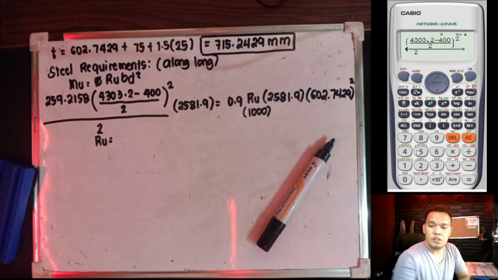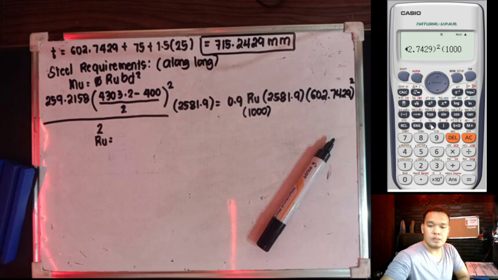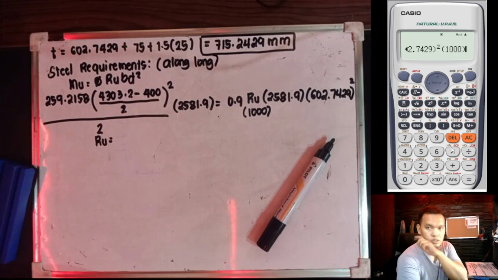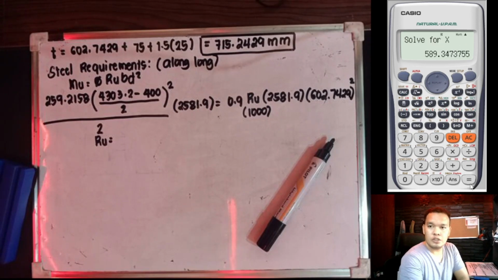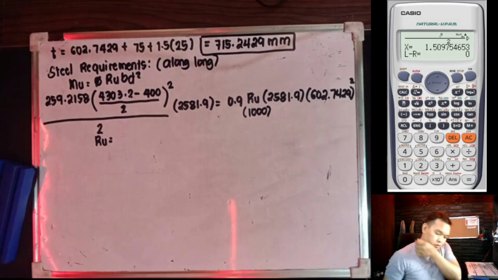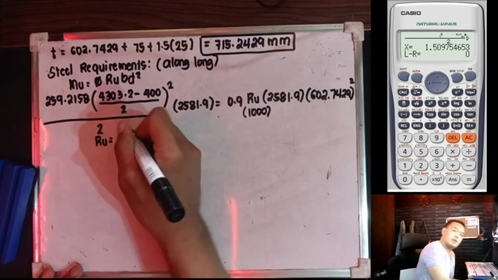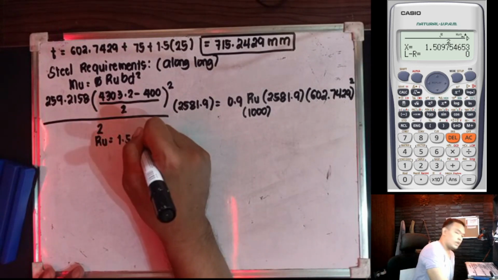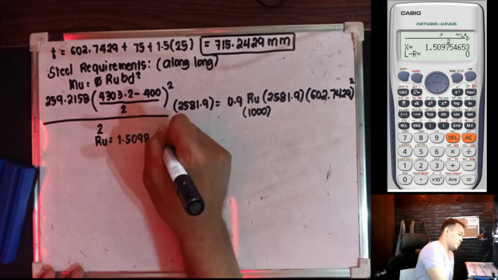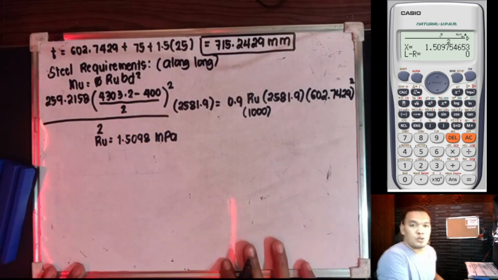Equals 0.9 times 602.7429 squared times 1000, just 1000, as conversion factor. So we have here RU is equivalent to 1.505098 MPa. Okay? So that's the value of RU.